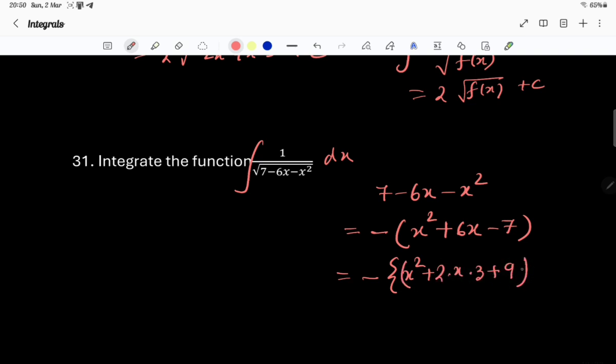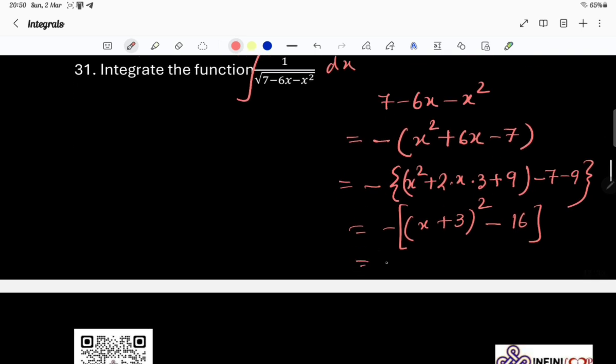Since I am adding 9, I have to subtract it also. What will come? (x + 3)² − 9 − 7, that is 16. So it is 4² − (x + 3)².